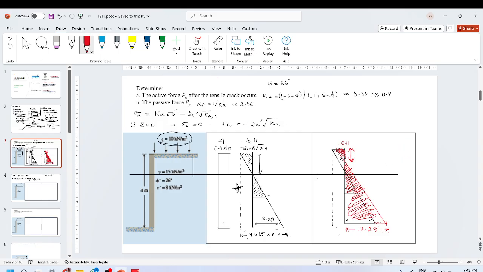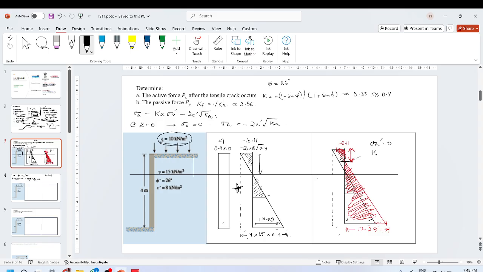Just a minute. At this point, your sigma active will be 0. This will be completely balanced.